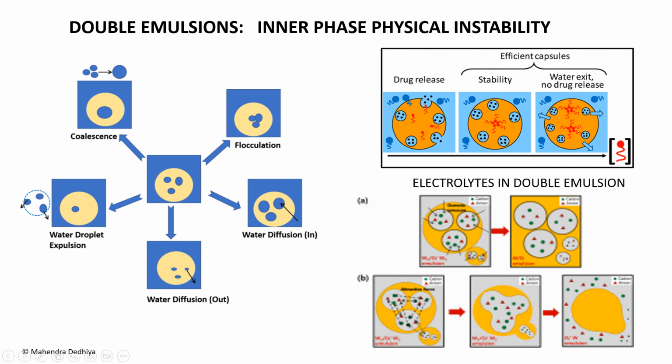Water globules inside the oil phase of a WOW emulsion may coalesce. Water may be expelled out from the inner oil phase. Water inside the oil phase may flocculate and collect together.